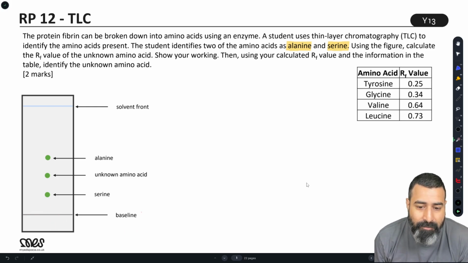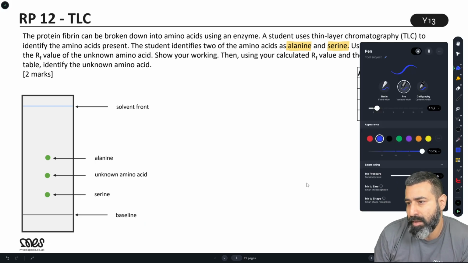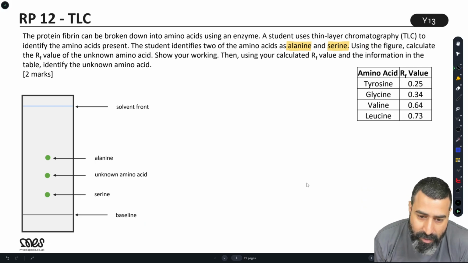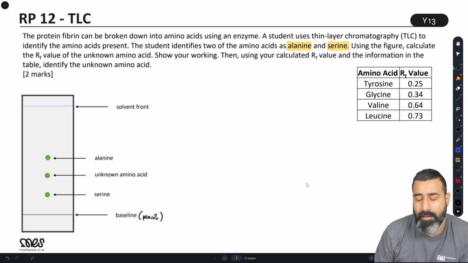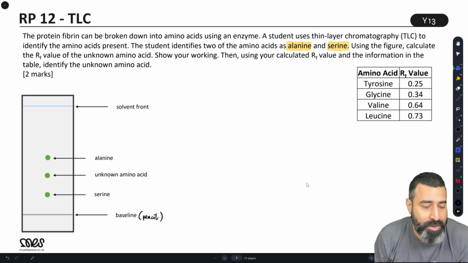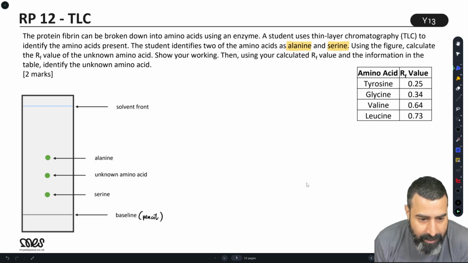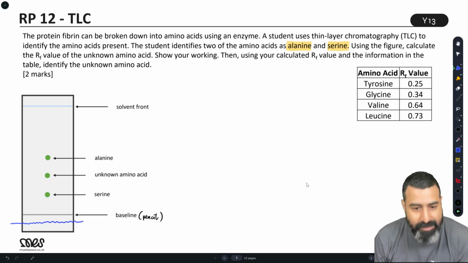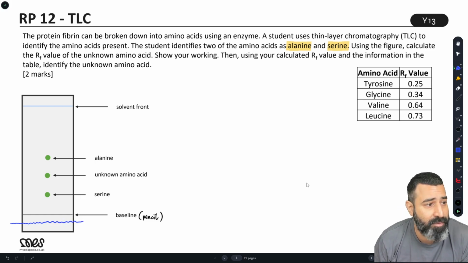Remember that the baseline needs to be drawn in pencil because presumably that's insoluble in the solvents that we're using.